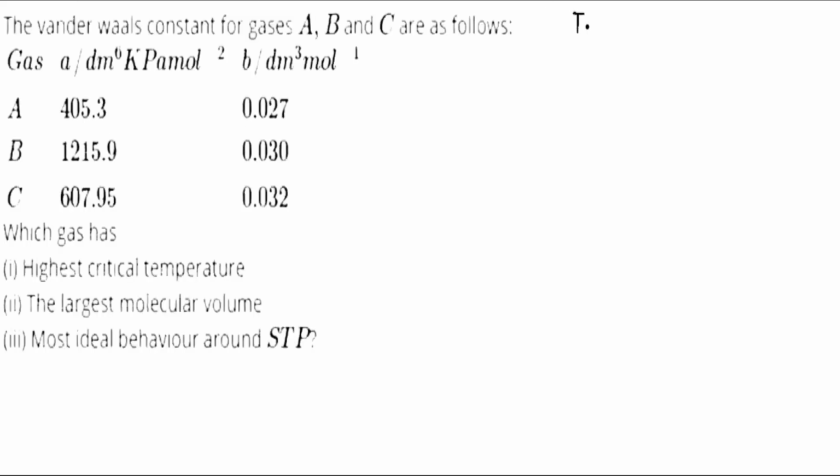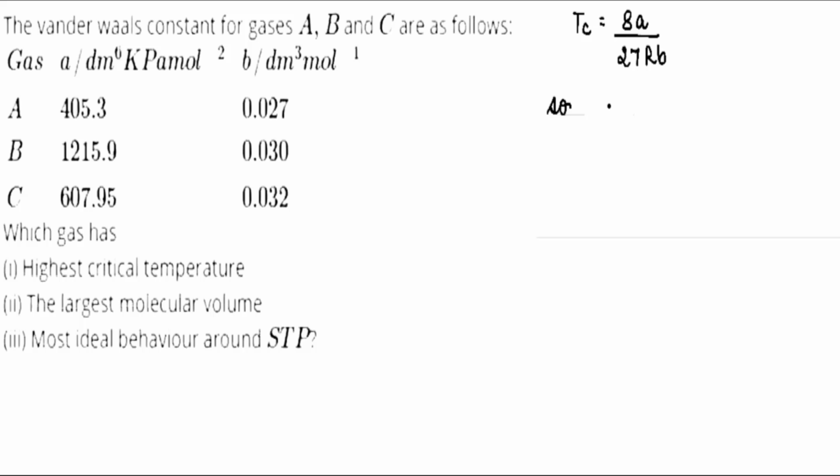critical temperature is equal to 8A upon 27RB, right? This is the value of your critical temperature, where R is the universal gas constant.